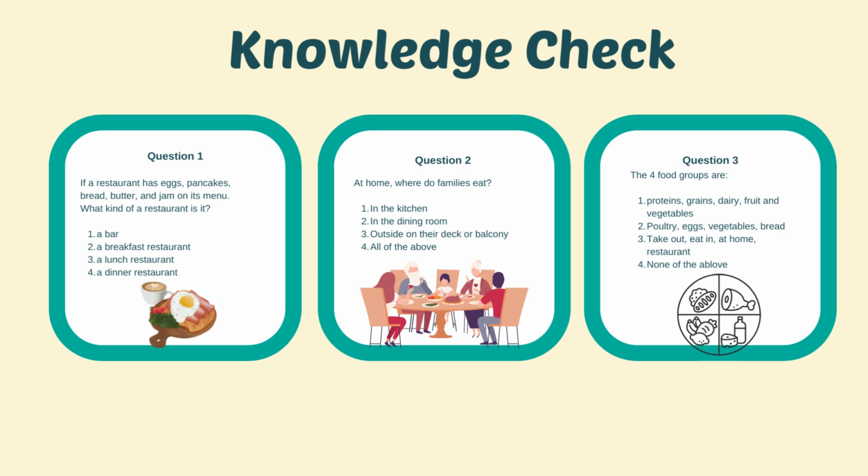All of the above. Question 3. The 4 food groups are proteins, grains, dairy, fruit, and vegetables. Poultry, eggs, vegetables, and bread. Takeout, eat in, at home, and restaurant. None of the above.